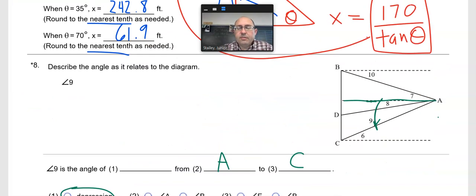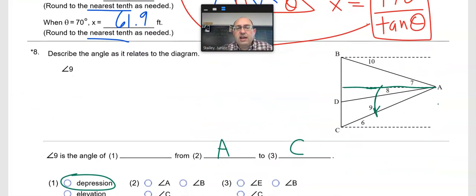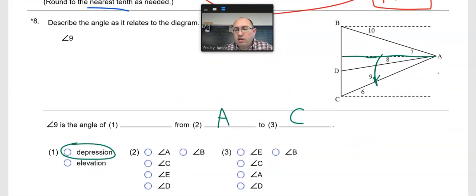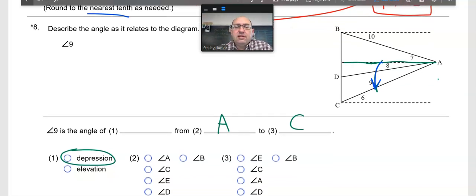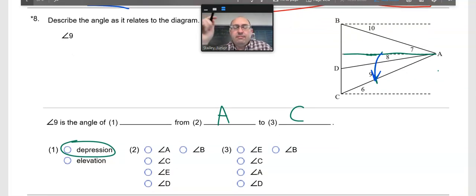Next. Here they're asking you just angle of depression, angle of elevation, okay? So angle 9, which has been identified, they actually have it identified on the sheet with a line like that. Now, I don't like the way that they word this. This kind of is confusing to me, but okay, I'm going to go with it anyway.